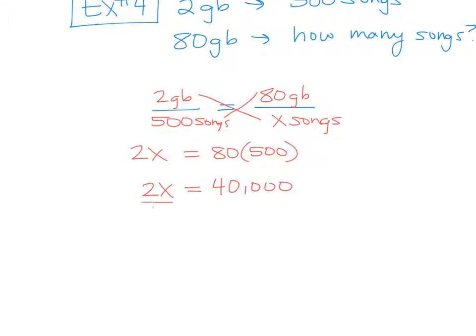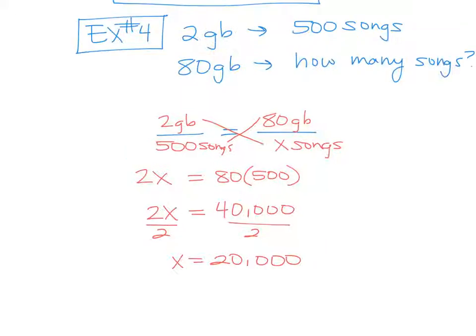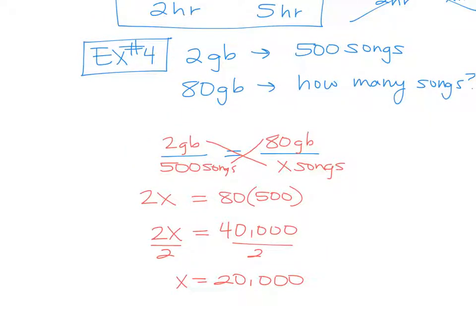Divide by 2, and x is 20,000. What does that mean? 20,000 what? 20,000 songs that the 80 gigabyte device could hold. So your answer is 20,000 songs.